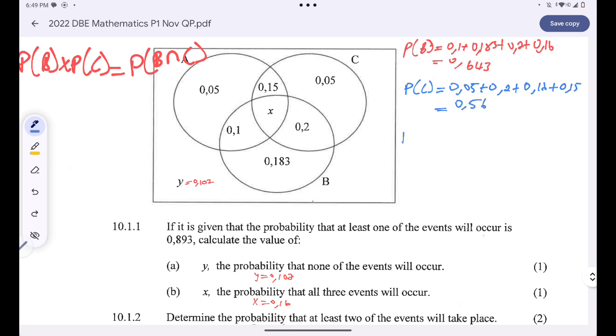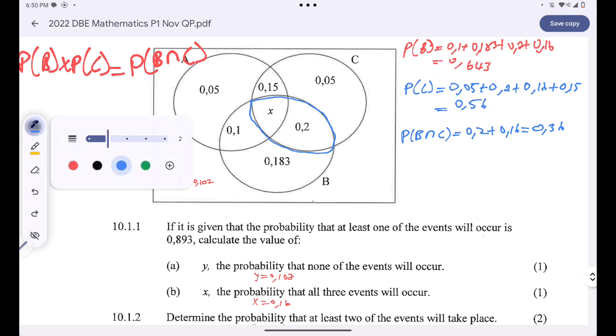And then for the intersection, it's not A and B rather, but B and C. This is the intersection they're talking about. So that's 0.2 plus 0.16, which is just 0.36. So if these two multiplied is equal to 0.36, then the two events will be independent.